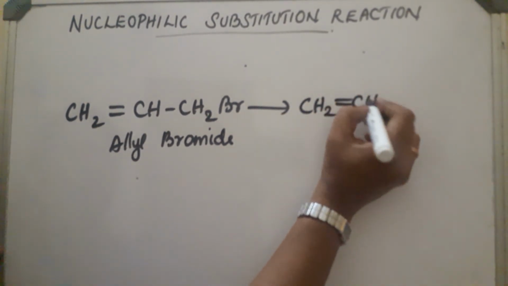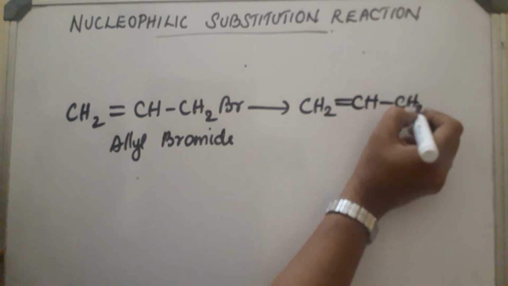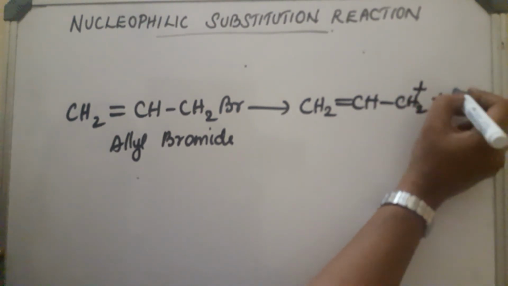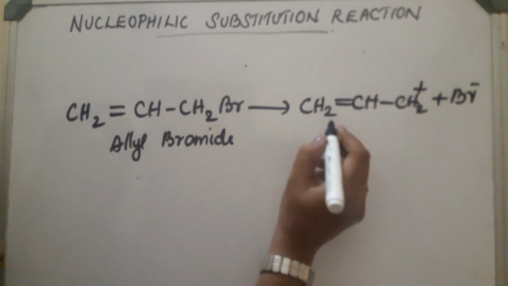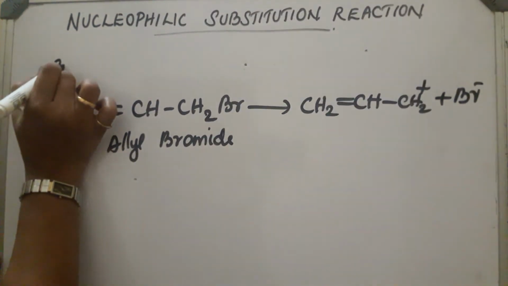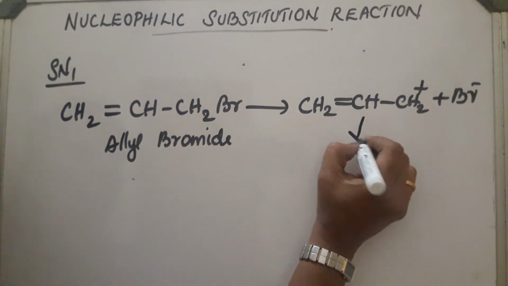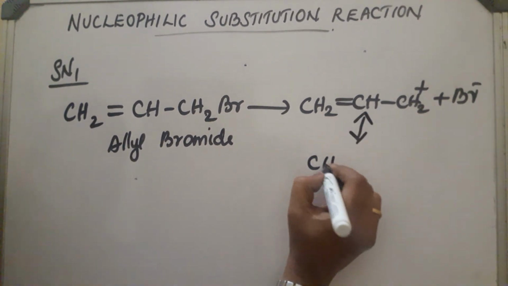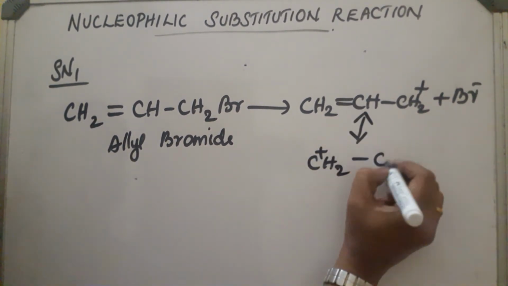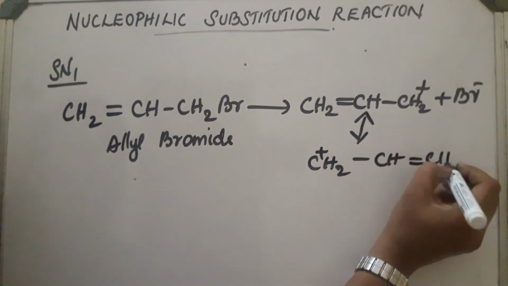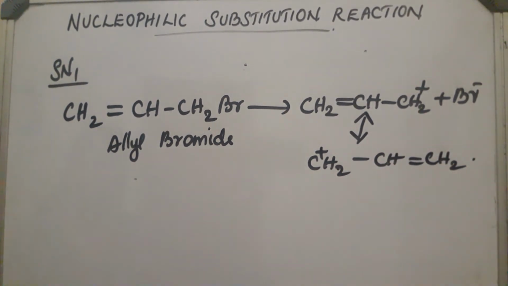We know that if resonance stabilization takes place, the compound will be highly stable. So the SN1 reaction takes place more easily in the case of allyl bromide. The resonance structures will be like this: CH2 plus, and so on.